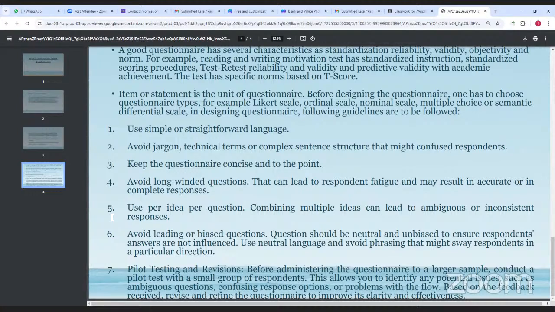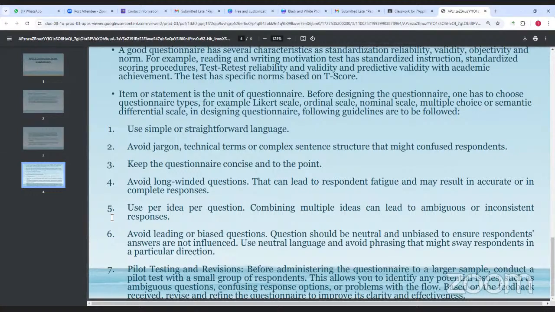Avoid long-winded questions that can lead to respondent fatigue and may result in inaccurate or incomplete responses. Use one idea per question. Combining multiple ideas can lead to ambiguous or inconsistent responses.